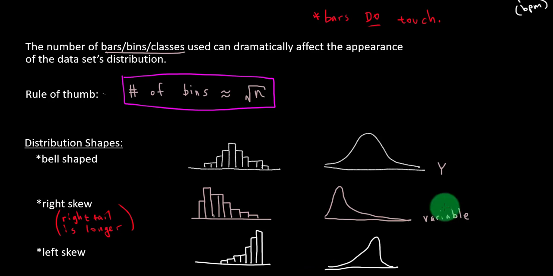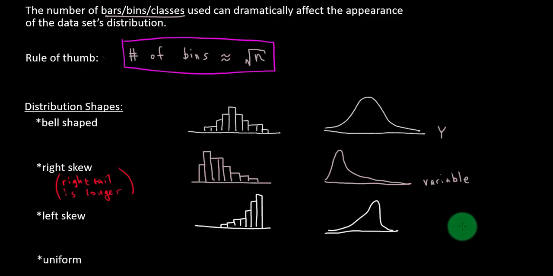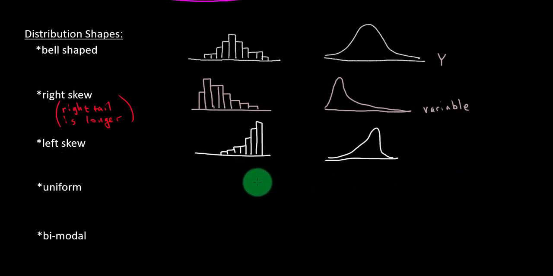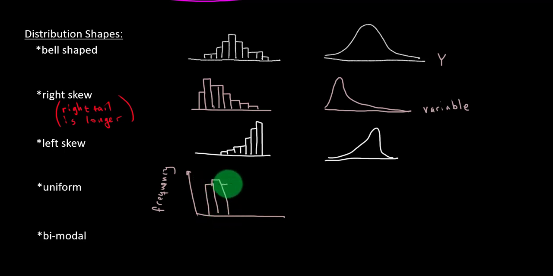Let's talk about a couple other not uncommon shapes for distributions. A uniform distribution. If you think about a uniform, like maybe a school uniform for attire, right? Everyone is wearing the same thing. With a uniform distribution, this is when all the frequencies, so maybe this will be better for me if I label this as frequency on the y-axis, this is when all the frequencies are roughly the same across the variable.